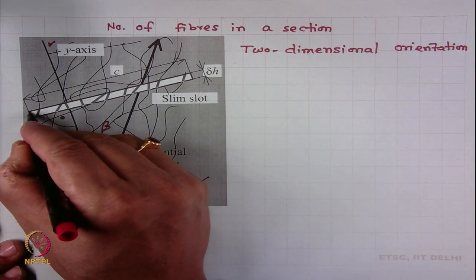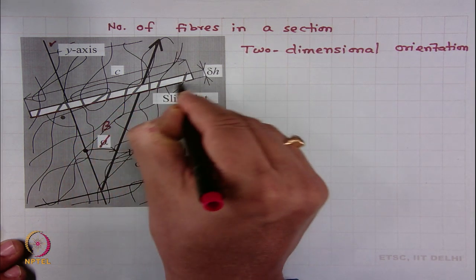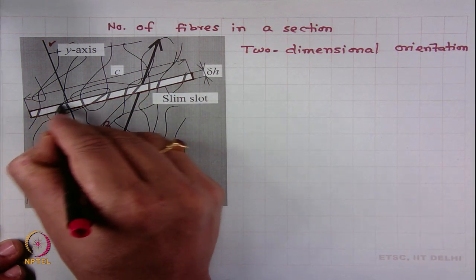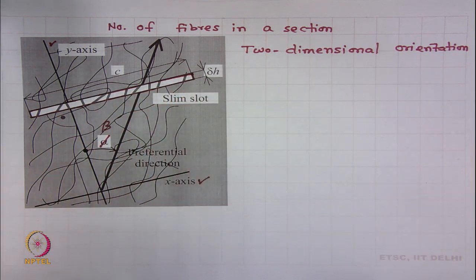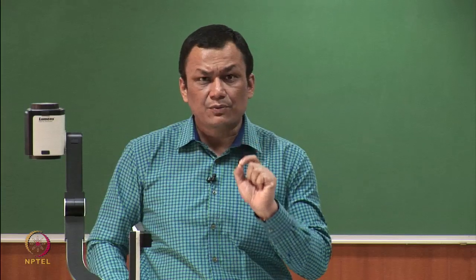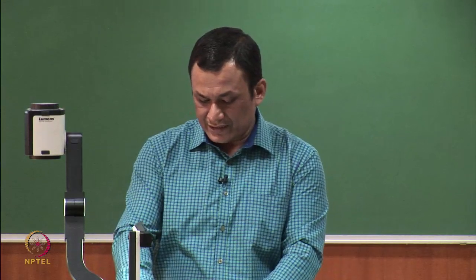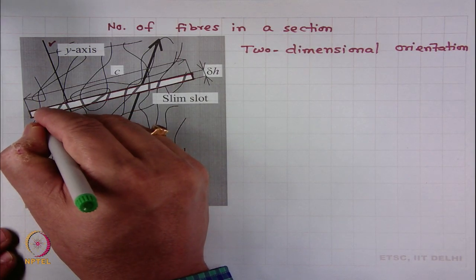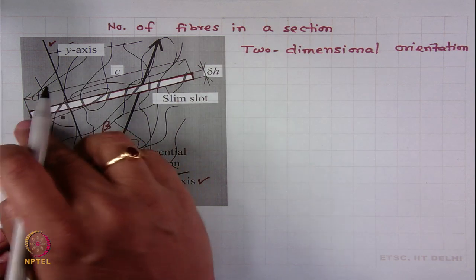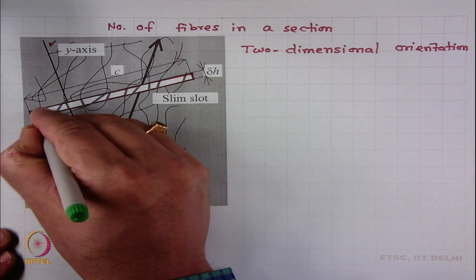In this slot there are very small fiber segments intersected. Let us use some green color for those. So, there is a long fiber, but this slot intersects a small segment.